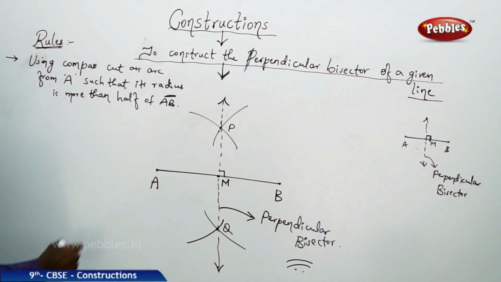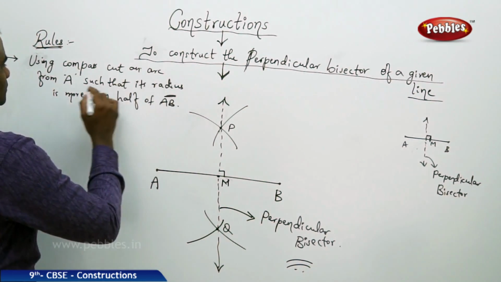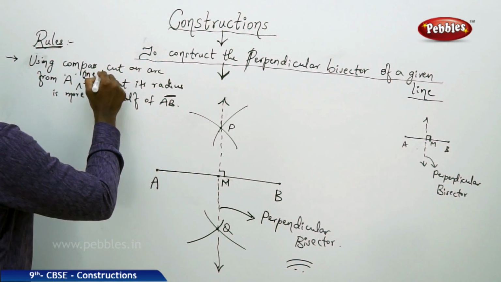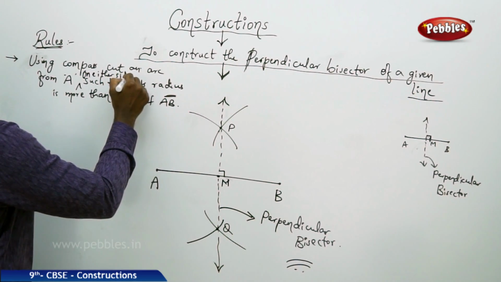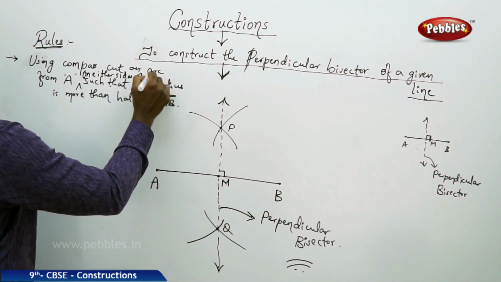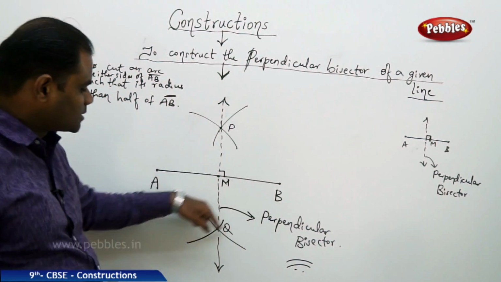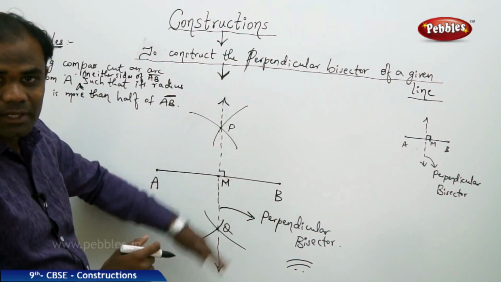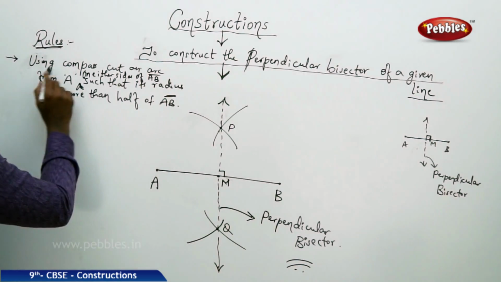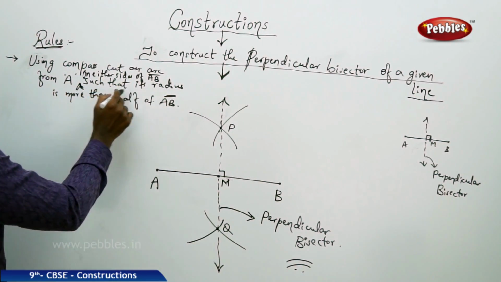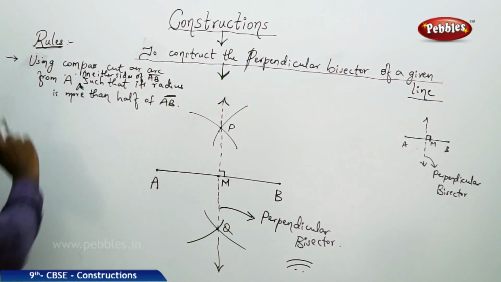Cut an arc from A on either side of AB, because we don't cut the arc only on the top but on either side of the line AB, here and here.